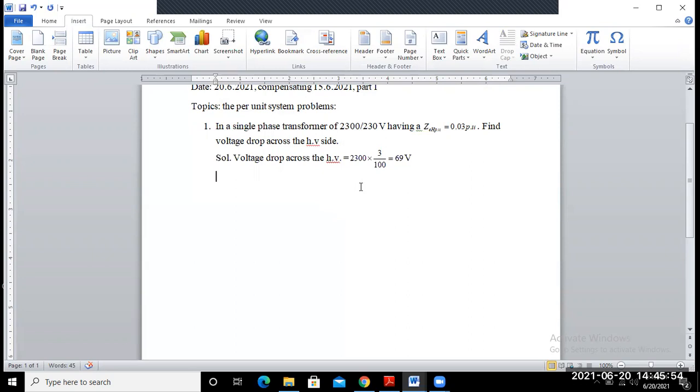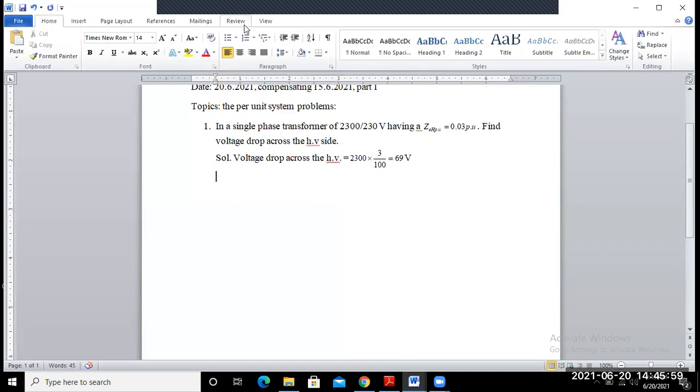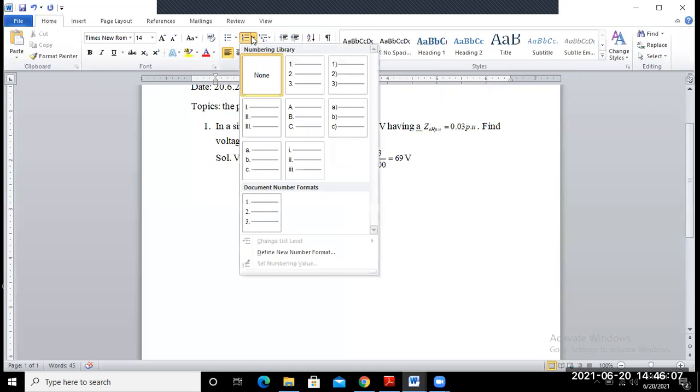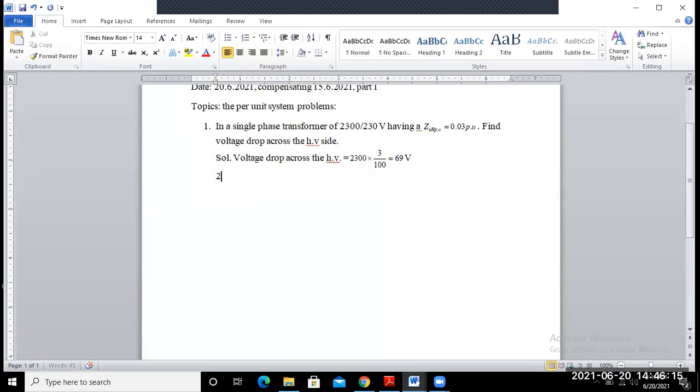Now in the second question, question number 2, we consider a single phase transformer with a kVA rating of 10 kVA.